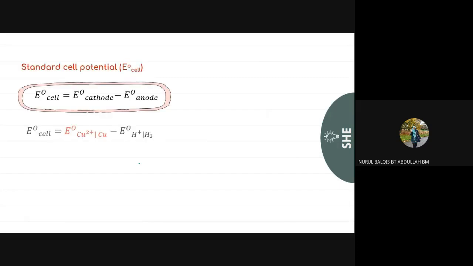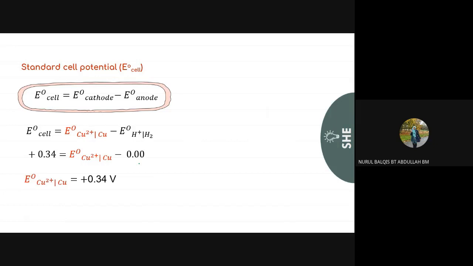Copper, the one that accepts the electron. Okay, so kita position dia copper minus hydrogen. E naught cell kita tadi positive 0.34. We want to find E naught cathode minus with 0.00 volt comes from SHE. And lastly, your E naught cathode is positive 0.34 volt.